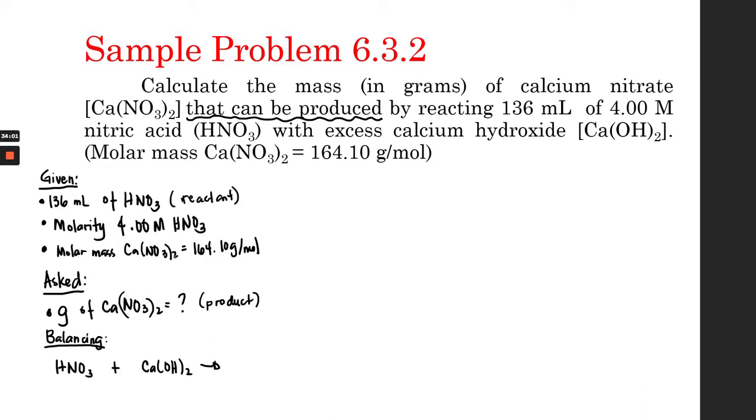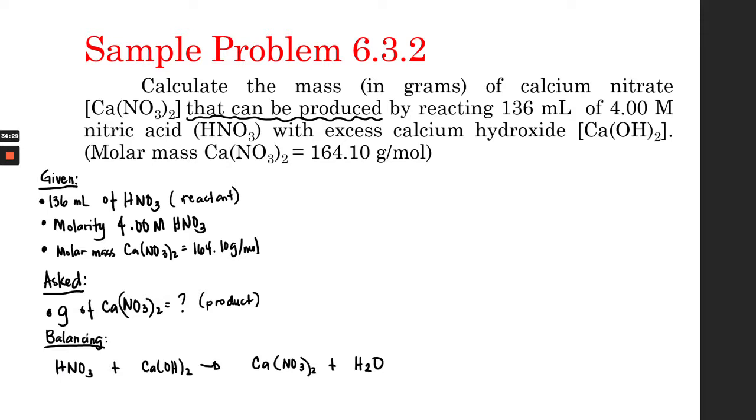And we know that one of the products is Ca(NO3)2, plus, in this case you would end up with H2O, because you have Ca here and NO3 here, and you end up with OH and H, which is basically H2O.